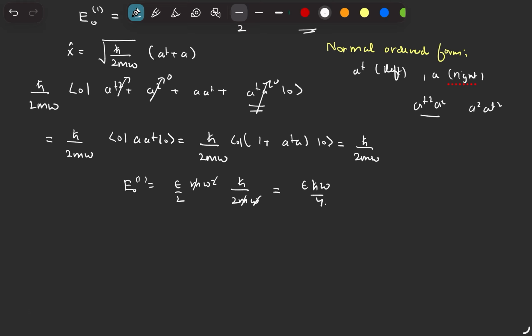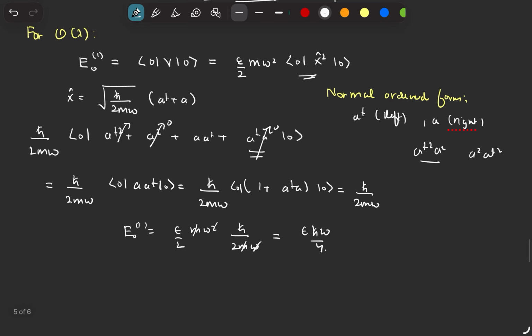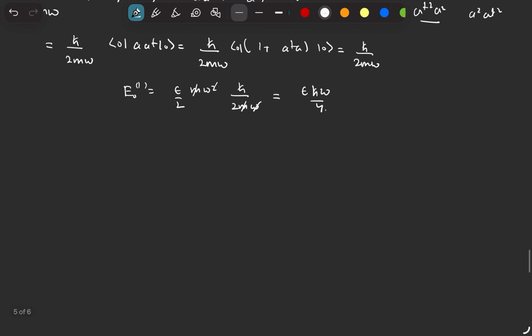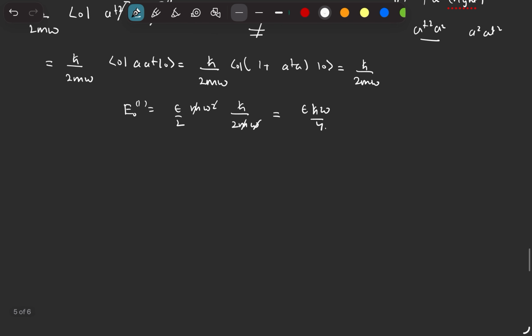Good, this is great. Now, okay, so let's also calculate the second order correction, right? So to compute a second order correction to energy, in principle, I'm supposed to compute this matrix element, where your k is not equal to 0.